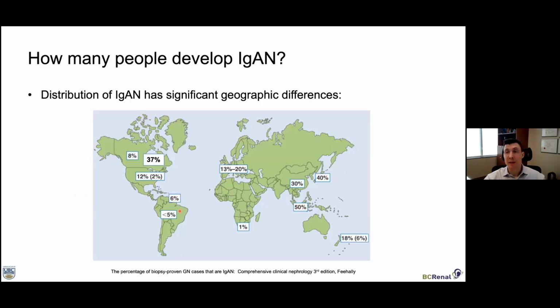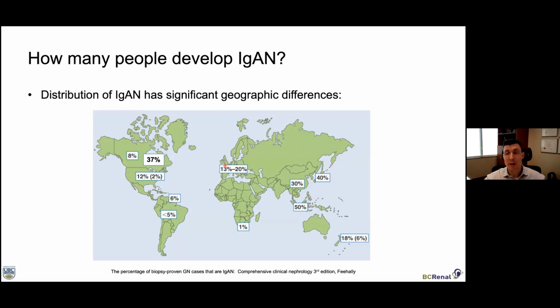So how many people develop IgA nephropathy? Well, if you look at the proportion of kidney biopsies that show IgA nephropathy, and you look at that in, for example, kidney biopsy registries around the world, you can see that there are very large geographic differences. So if you look in East Asia, South Asia, the proportion of kidney biopsies that show IgA nephropathy are upwards of close to 50%.